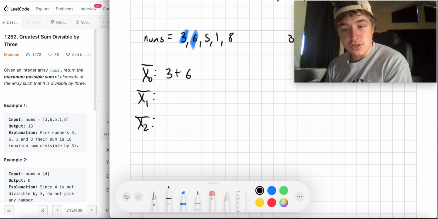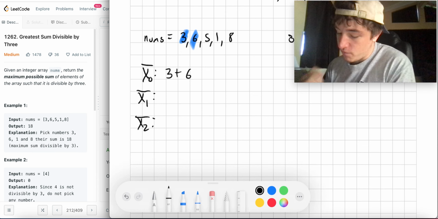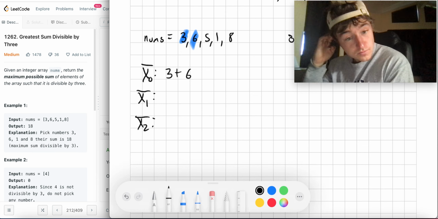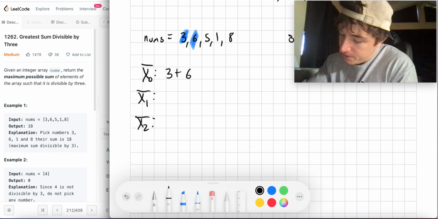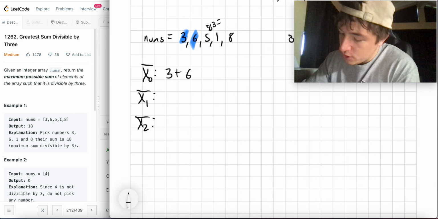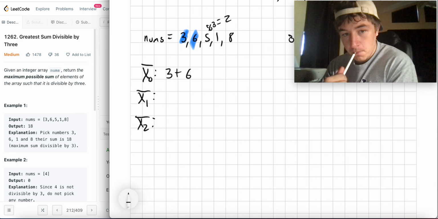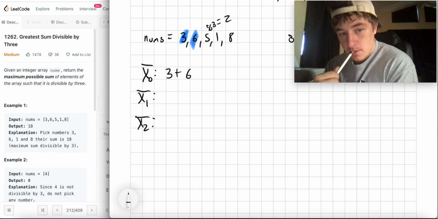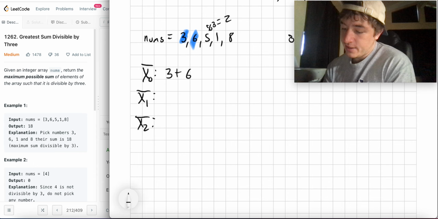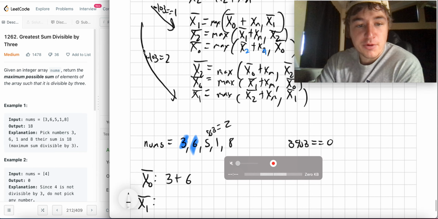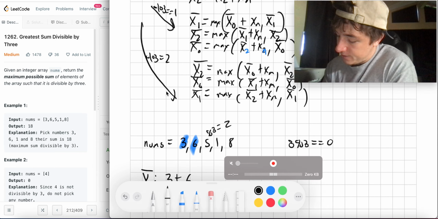Now it's where it gets interesting. We look at 5. So 5 mod 3 equals 2. So we're going to go down this path.